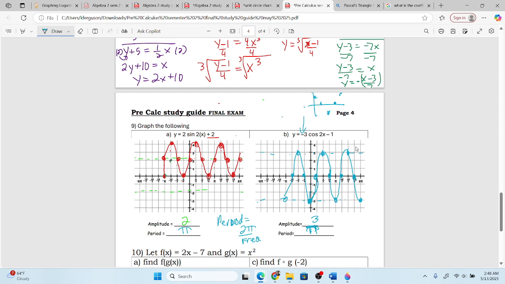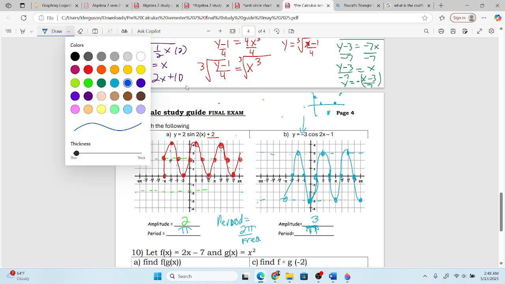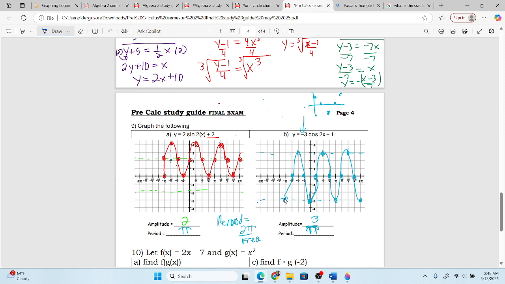All right, that's what I got right now. That is -3 cosine of 2x minus 1, right? That's what I got. So now it says the graph moves down 1. So all of those points are going to move down 1. So right here, it's going to go from right here to right here.